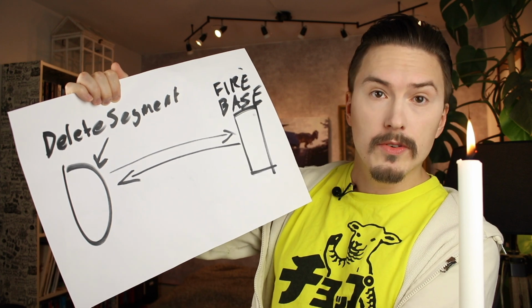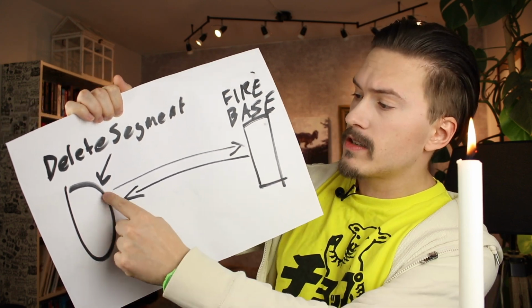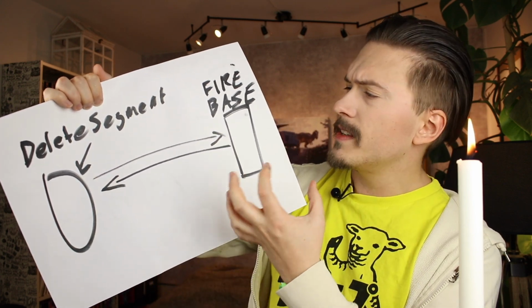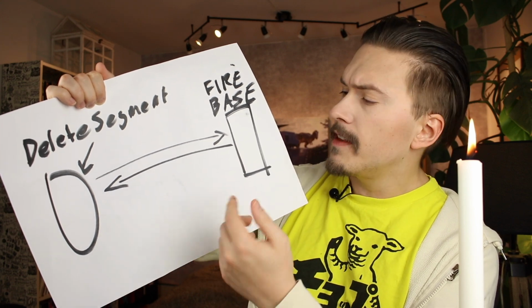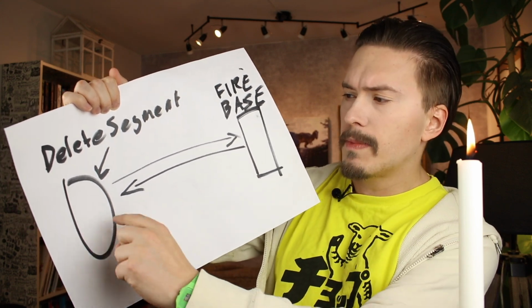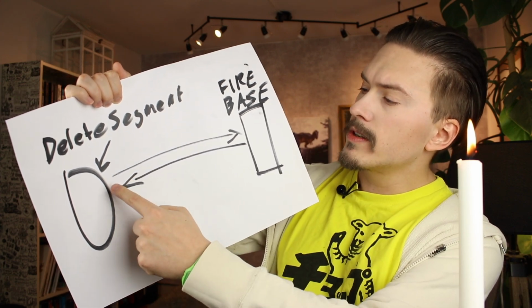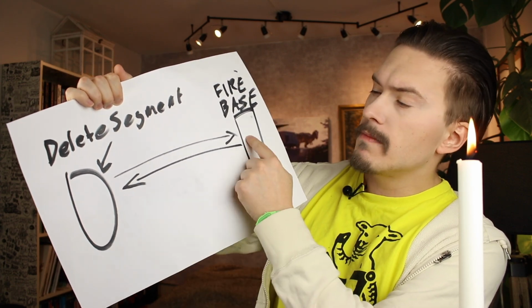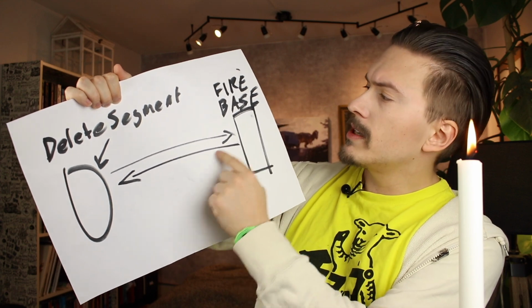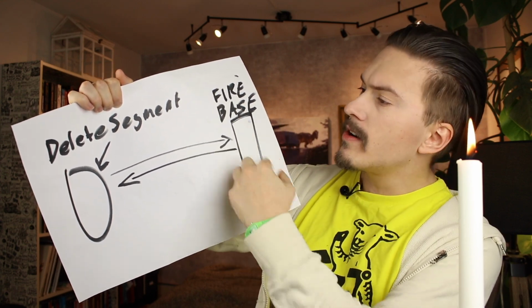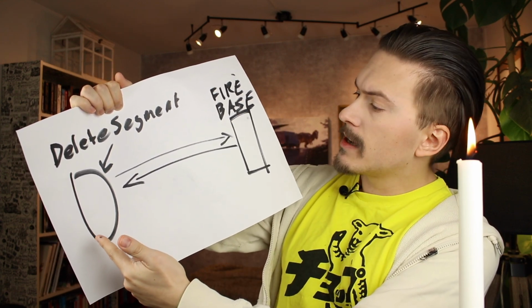So delete segment is going to do some interaction with Firebase. It's going to call Firebase, it's going to get a new segment ID, and then it's going to add that segment ID to the playbook. It's not important exactly what it does. It's important to recognize that there is some back and forth going between Firebase, this external dependency that delete segment has.